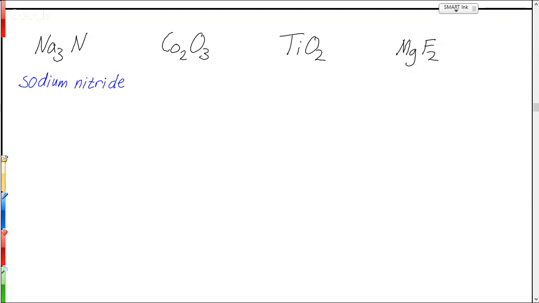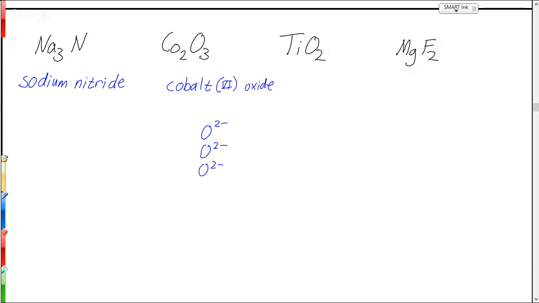Close. So let me write that down. Cobalt 6 oxide. That's almost right. Anybody see the issue there? Yeah, so you're actually looking for the charge on each cobalt rather than the total charge of cobalt overall. So if we calculate out this compound, we know oxygen is always -2, and there's 3 of them listed here.